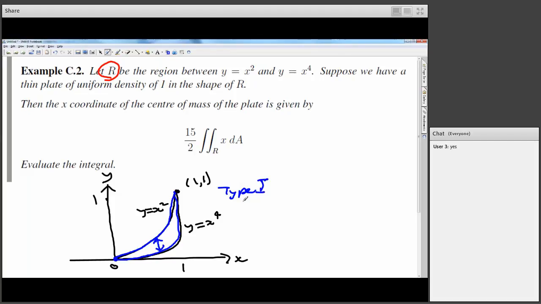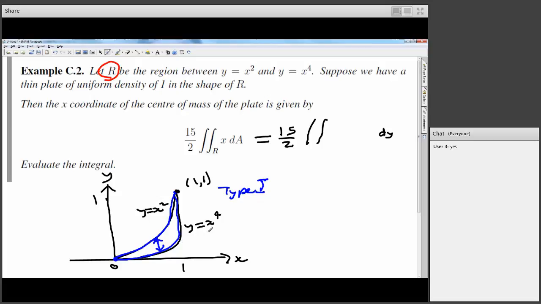But now we know it's type 1, that gives us a strategy for how to integrate it. When drawing the picture, you go, oh, I can see it's between these two functions. Also, the picture tells you what the functions actually are. So now we know what it is. There's a constant we can leave out the front. We're going to integrate between these functions first, so we integrate the y value first between these functions.